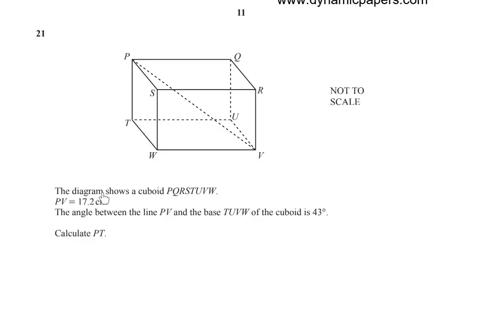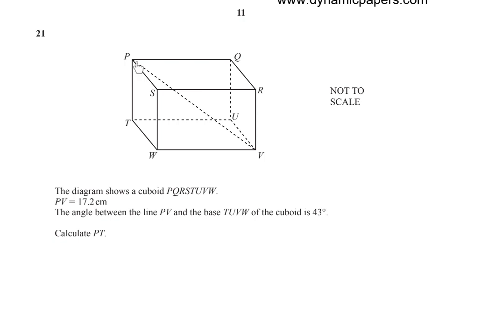21. The diagram shows a cuboid. BV is 17.2. The angle between the line BV and the base TUVW of the cuboid is 43. Calculate BT.